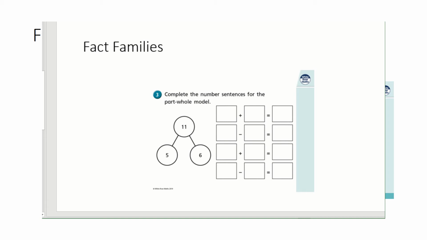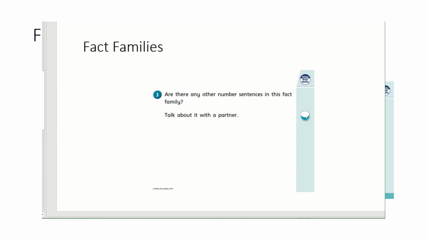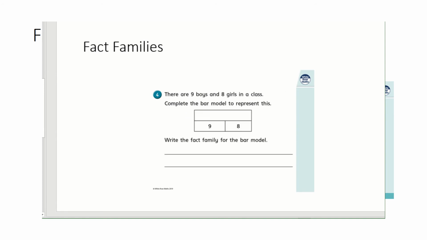And what about doing it for 18, 13 and 5? 18, 13 and 5. Maybe do one for 20. Think of which two numbers that you're going to do for 20. I would avoid 10 add 10 because you can't get 8 number sentences. Okay, so that's what I've done for there.